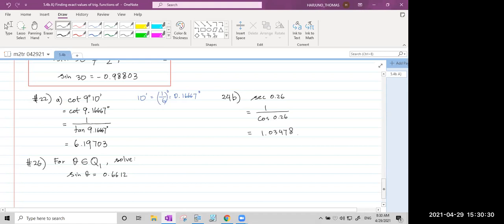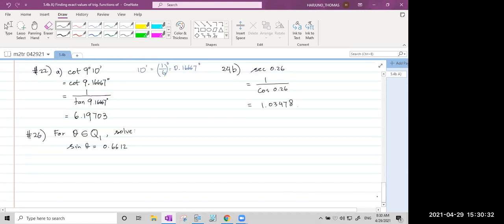Only when theta is in quadrant 1 can you do what I'm about to do next. One of the things we know is that the value on the other side has to be positive. So theta equals, take a look at how I write it. This is something I don't agree with in our textbook.